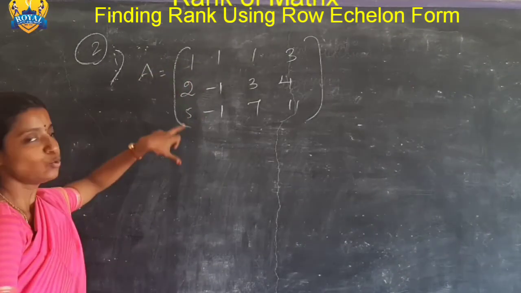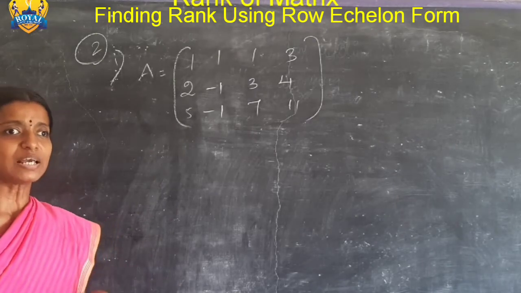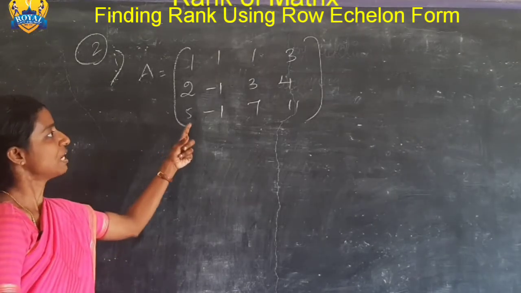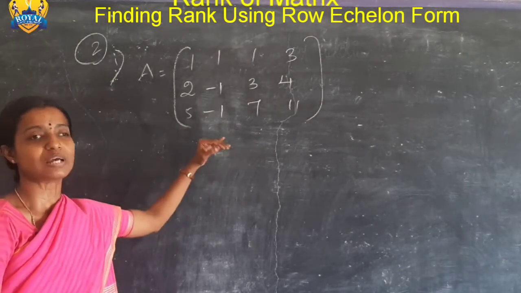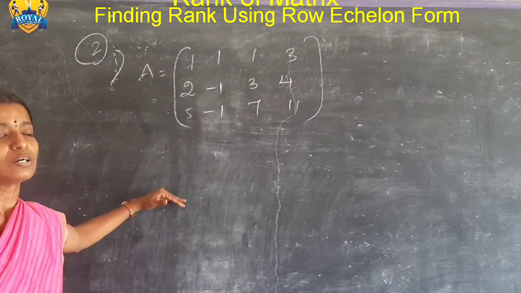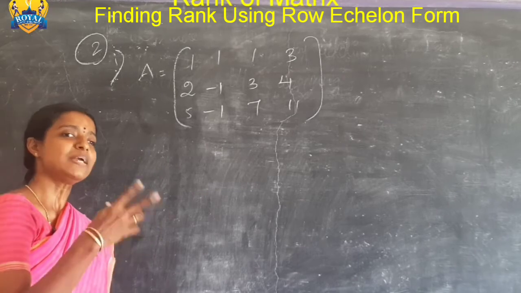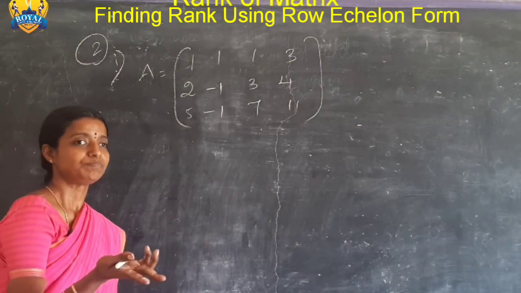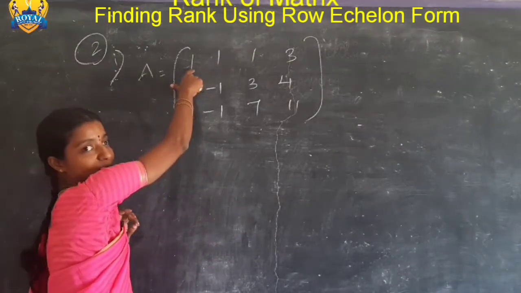Suppose in a given problem I had 5 -1 7 11 in the first row and 1 elsewhere, I would interchange the rows and bring this 1 to the first row.